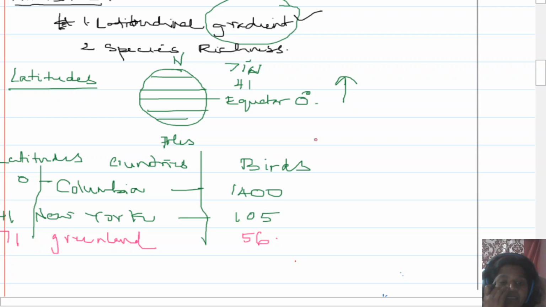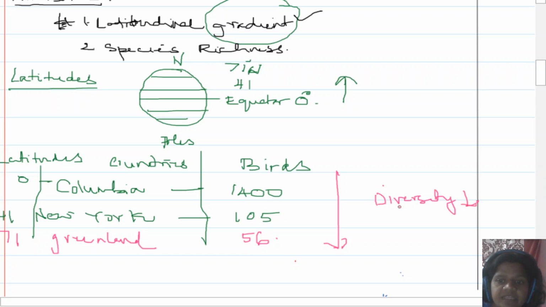So what do we see here? It means from the equator, as we are going up from the tropics to the temperate zones, the variety of birds is decreasing, right? That means the diversity is going down.